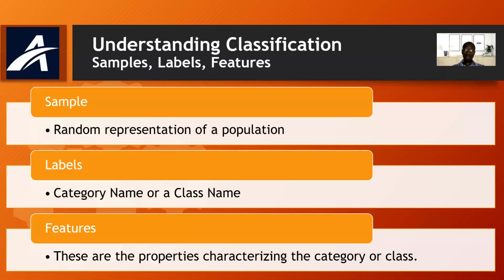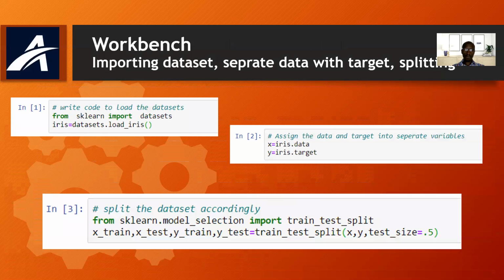It could be the petal width. The flower has a petal width. It could be the petal length. These are what characterize, or rather distinguish, one type of flower from the other. These are called features in machine learning. A certain combination of features enables the algorithm to predict whether or not it is any one of the variable classes.